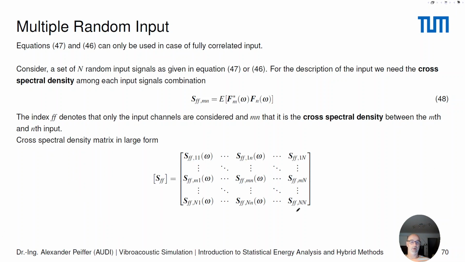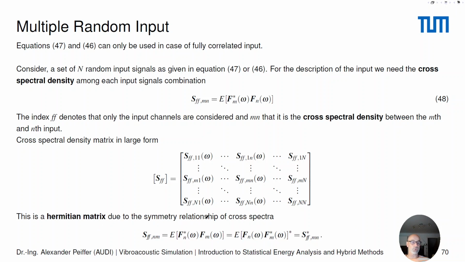That means our famous cross-spectral density matrix would look like this, again in matrix form. We will have all the autocorrelation on the diagonal. The off-diagonal terms give each correlation between channel 1, for example, and channel N. Due to the symmetry of our cross-spectral density, we know that this is a Hermitian matrix.